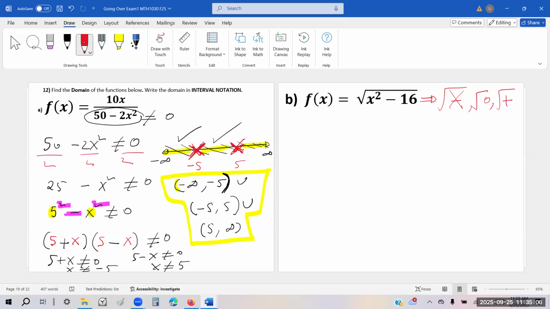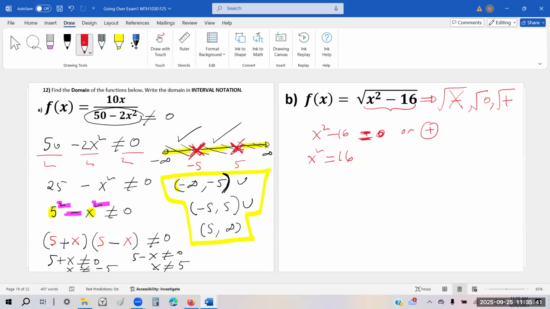So we have to see what numbers make the inside negative. To find that out, we first solve the inside. So x squared minus 16 can be 0 or it can be positive, but it cannot be negative. So it can be 0. What makes this thing 0? So x squared equals 16.